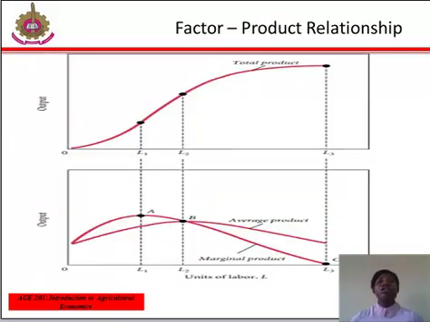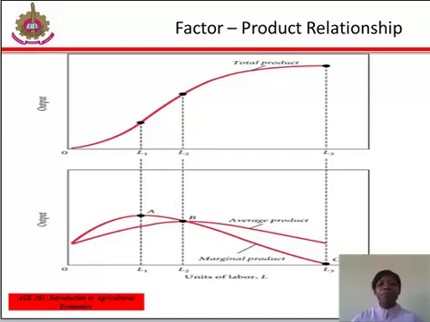Factor-product relationship describes the transformation of a given input into a product. So there is only one product, such as cassava. We are interested in the effect of variation of only one input, such as labor or fertilizer, while other inputs are fixed.